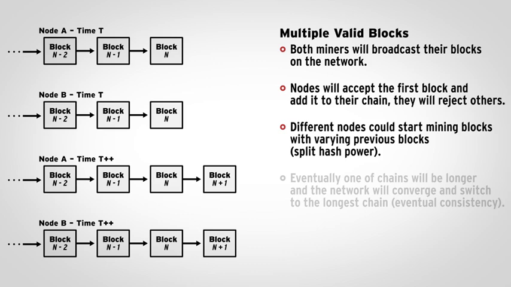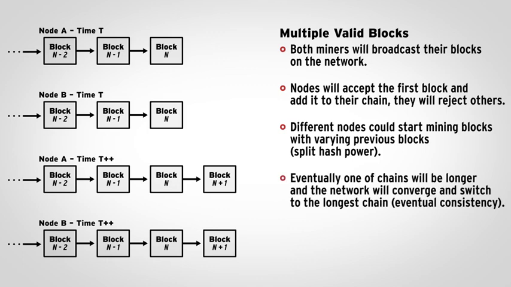They will keep doing that, and every once in a while they'll get a block that can be added, but it's not in the right place, and they then reject it. We call this the theory of the longest chain, and this kind of goes back to the notion of eventual consistency. There are times when the nodes can have conflicting information about the blockchain, but we know that eventually they will get consistent.